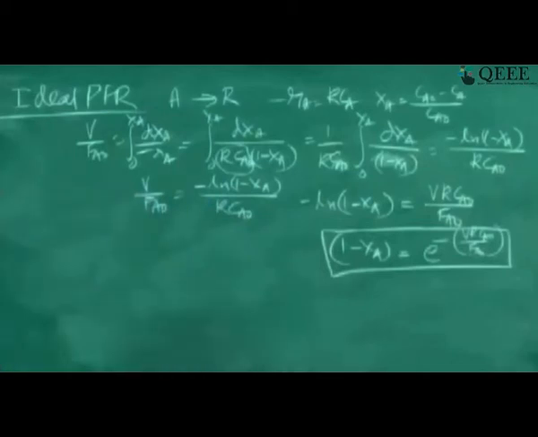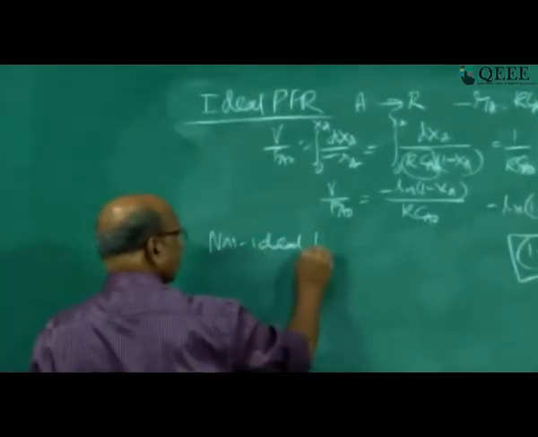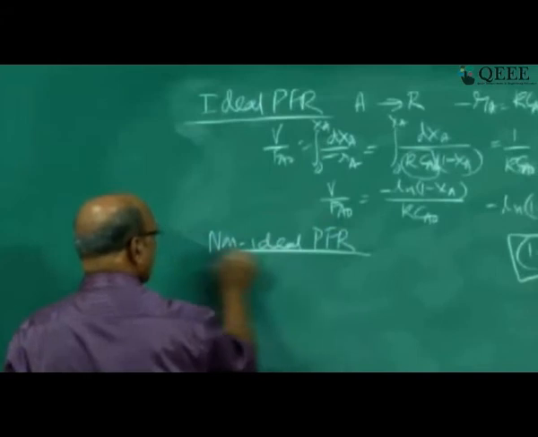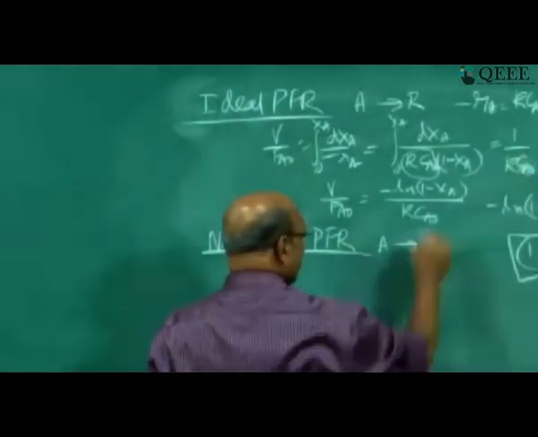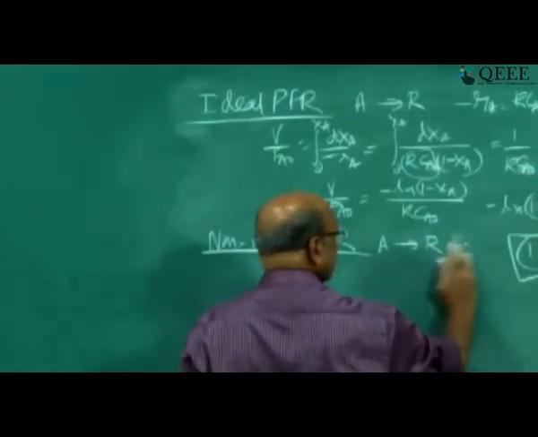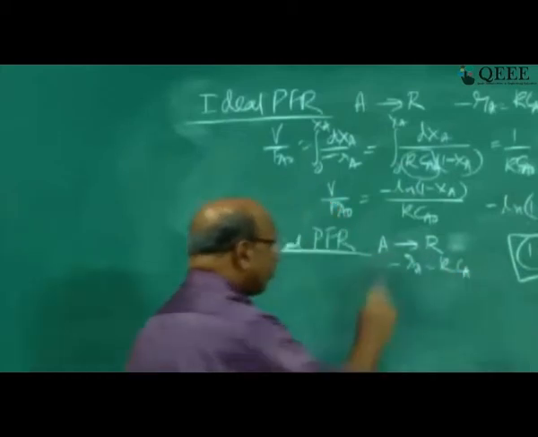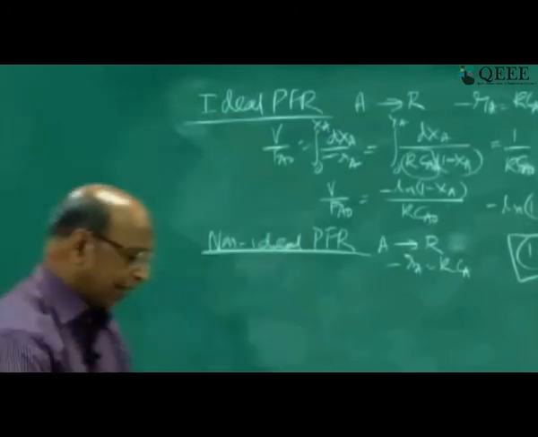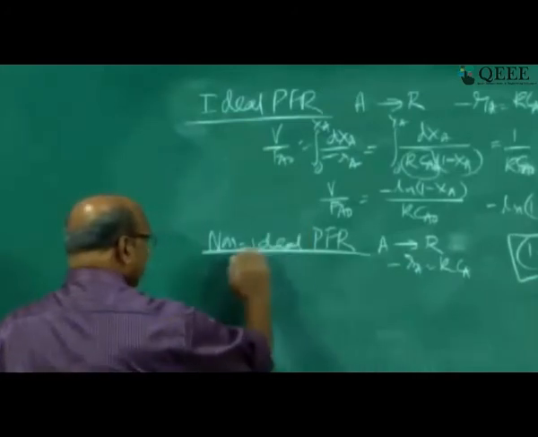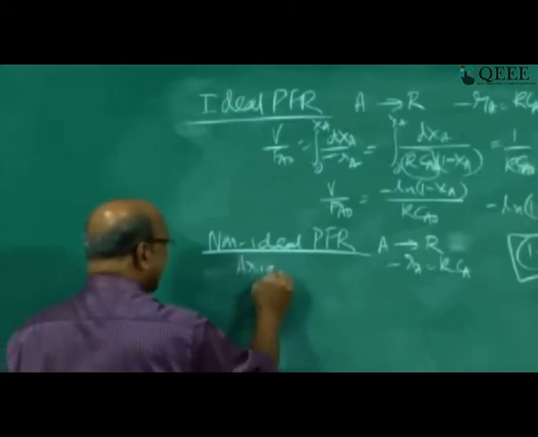Now, if I don't take an ideal reactor, but a non-ideal PFR, the same reaction A going to R with the same rate expression, minus RA equals K into Ca. I will give you the final solution. I don't want to give all the differential equations, for lack of time. So now the same with non-ideality, and that non-ideality is only axial mixing. Only one non-ideality I have taken.